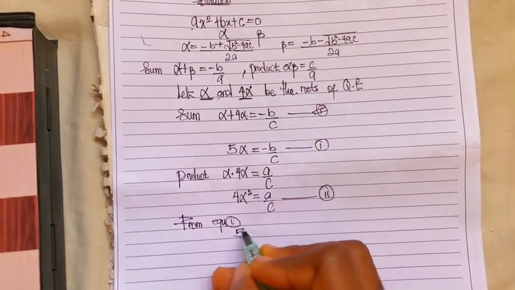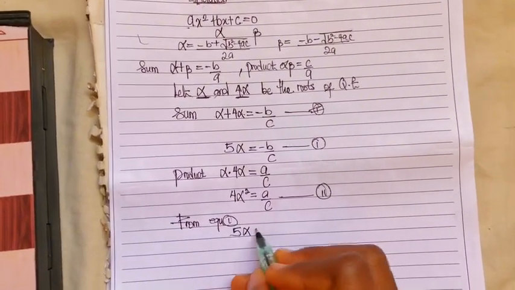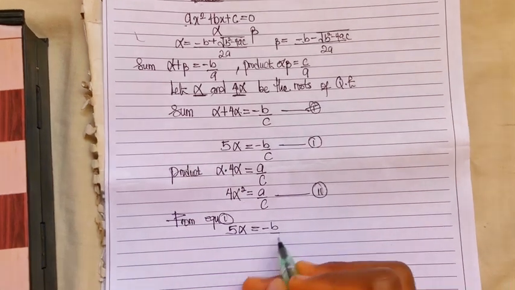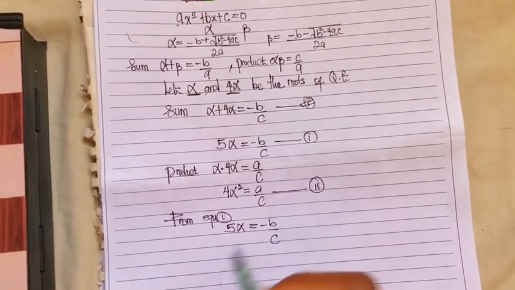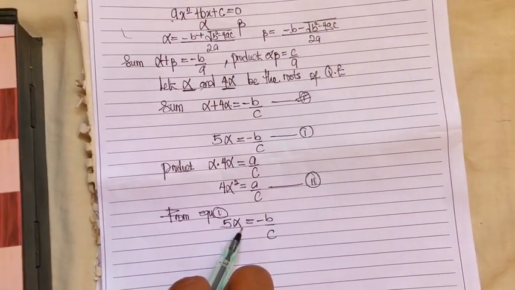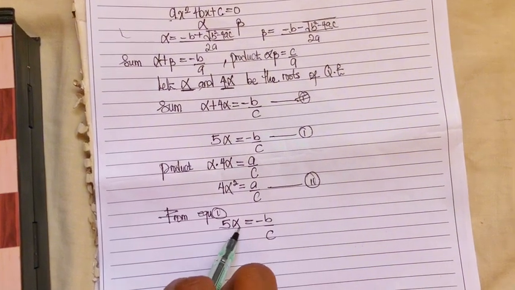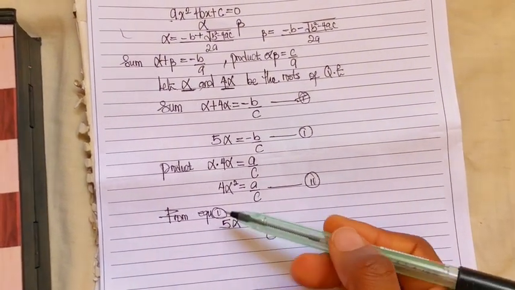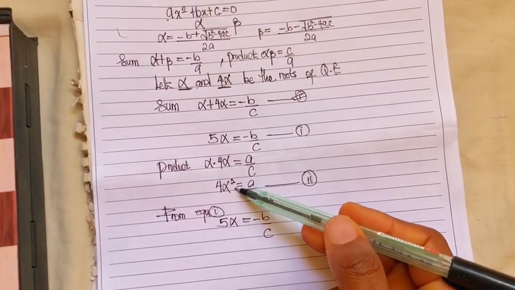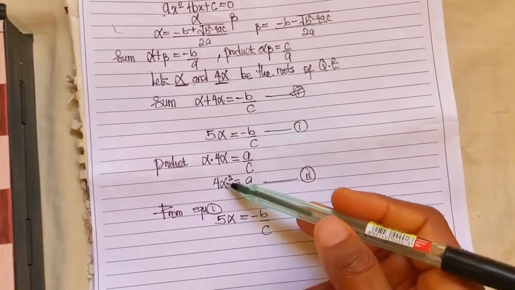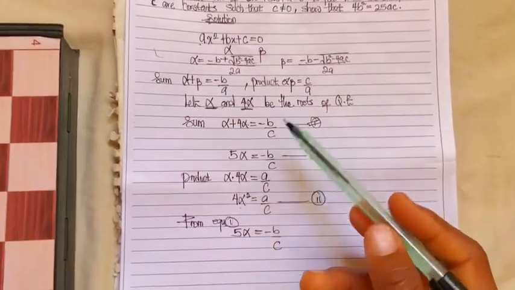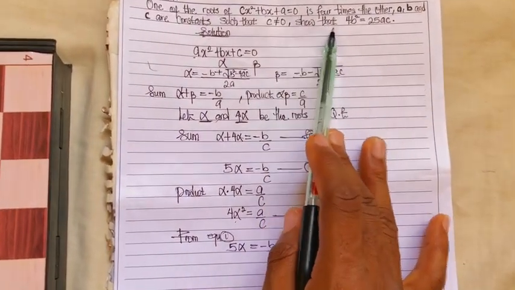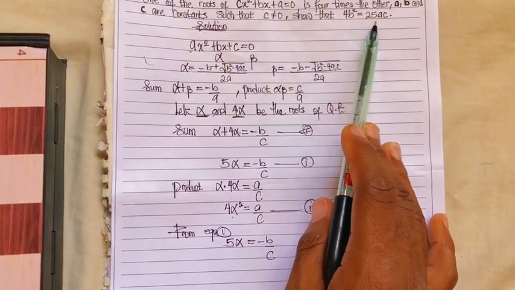Equation 1 is 5 alpha equals minus b over c, right? I want to make alpha the subject of the formula because I still want to substitute it inside equation 2. I'm trying to do everything in line with what we need to show, that 4b squared equals 25ac.